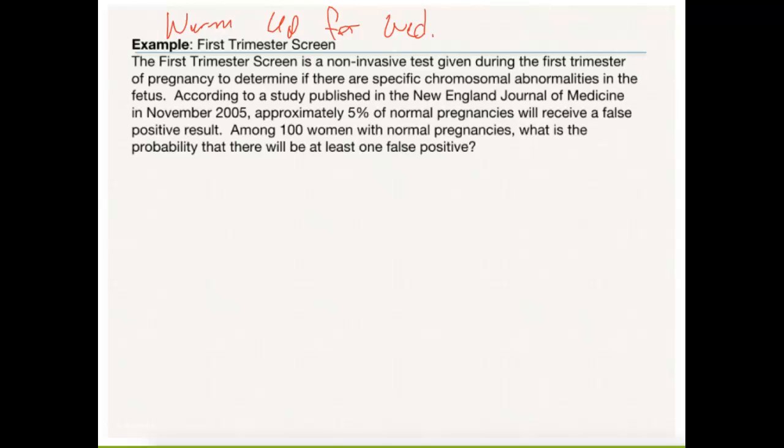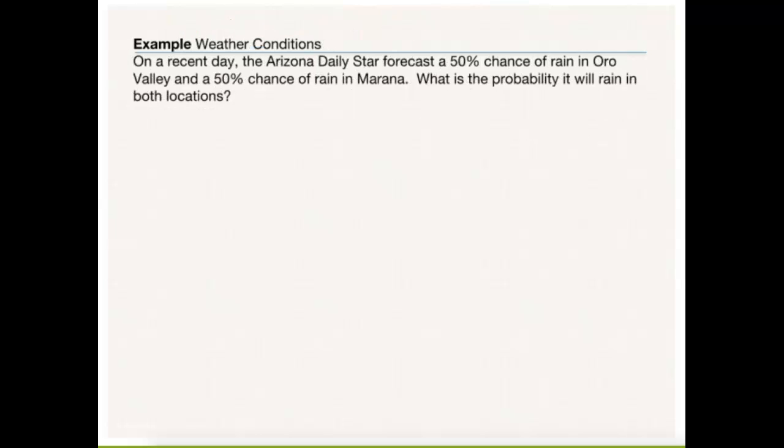Just because we did two problems now with the warm-up that was this type of problem, and I showed you my example of the antibody test, which was the same type of problem. I want to make sure and just show you the last example first, but we'll do this as a warm-up for Wednesday.